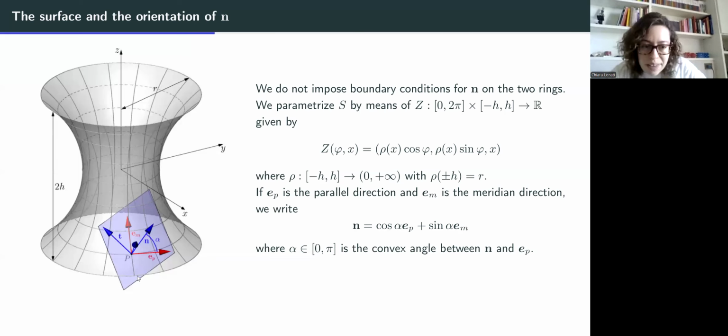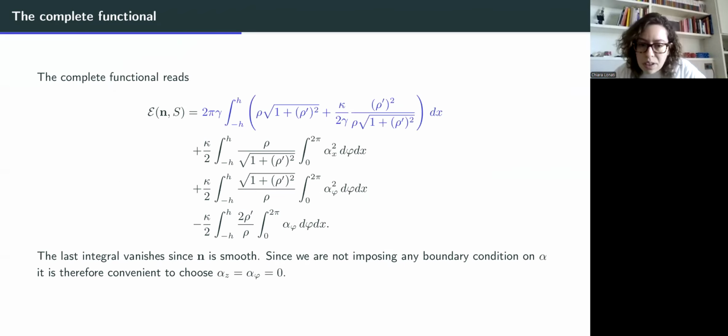For example, if we assume here that n is horizontal and that here n is vertical, so along the meridian, it is clear that we cannot choose a constant angle alpha, and the angle alpha has to change across the surface, across the parallels. So here we proceed without boundary conditions, so alpha can be any constant, and we just want to minimize this first functional.